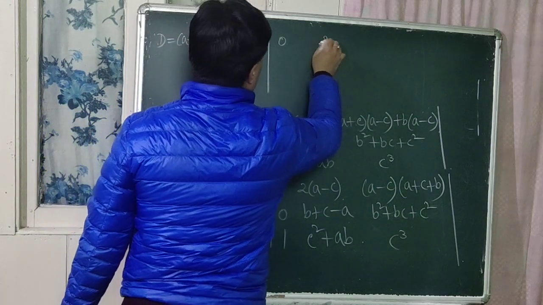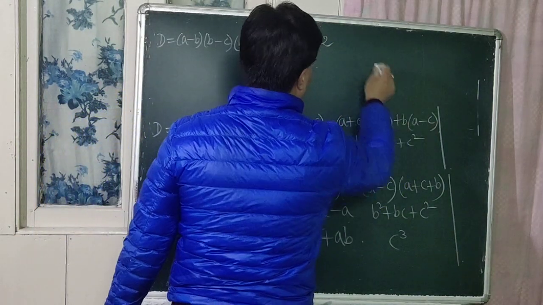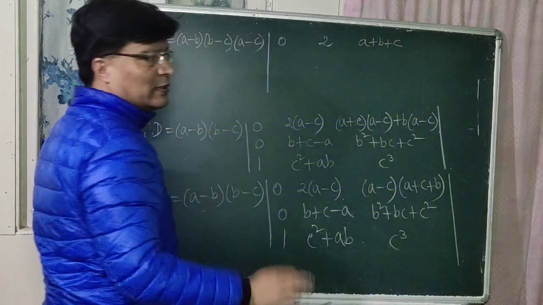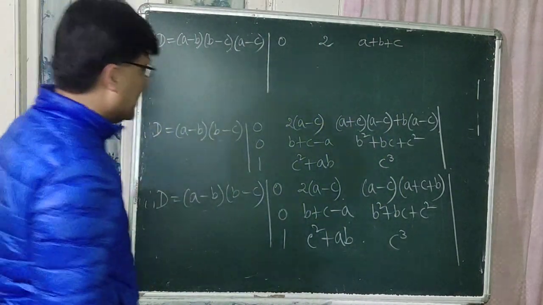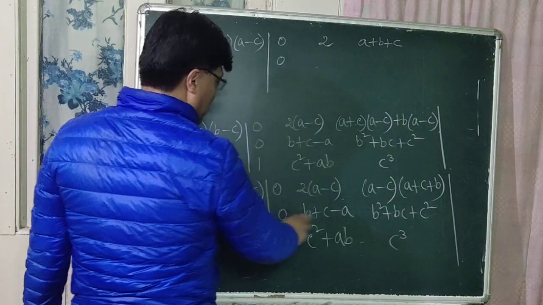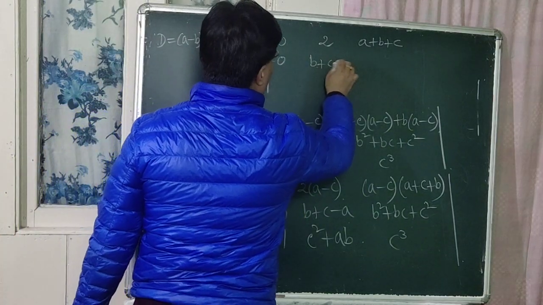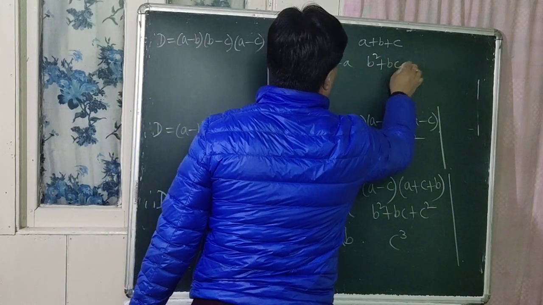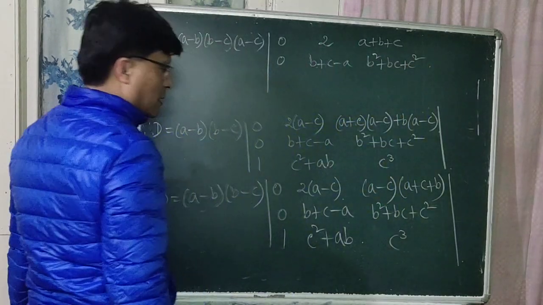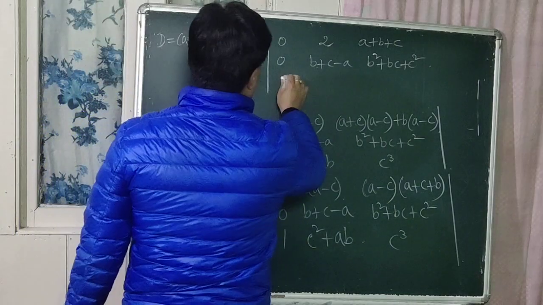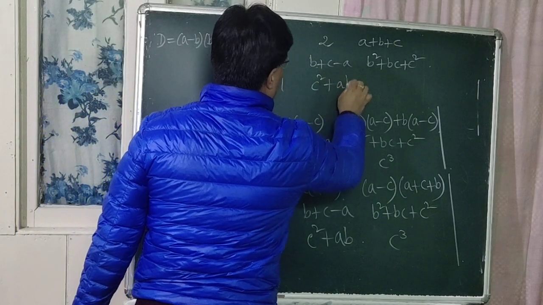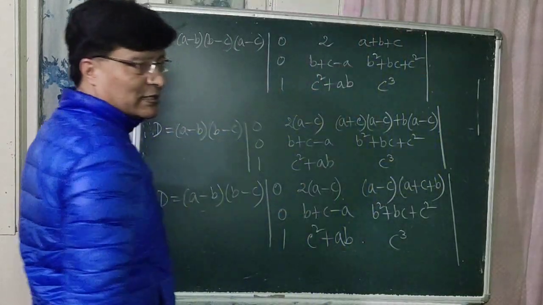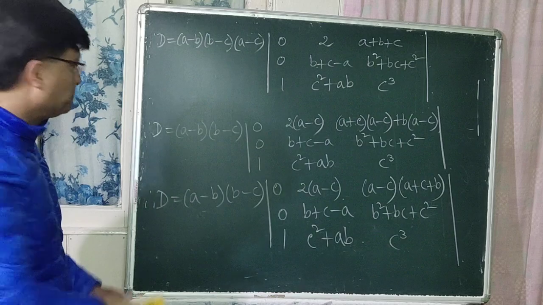It is 0, 2, and from here we have A plus B plus C. We are writing A plus B plus C. Next, 0, this one is B plus C minus A. This one is B square plus BC plus C square. What is the third row? Same, 1, C square plus AB, then C cube. Is that right? ठीक छ होला हैन यसमा?